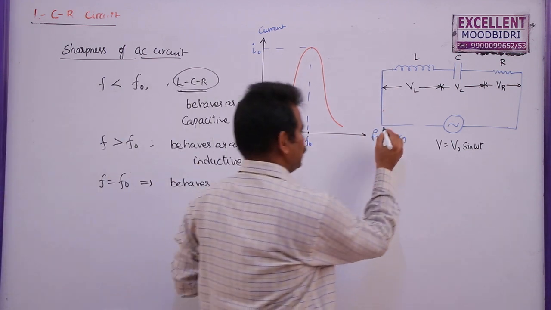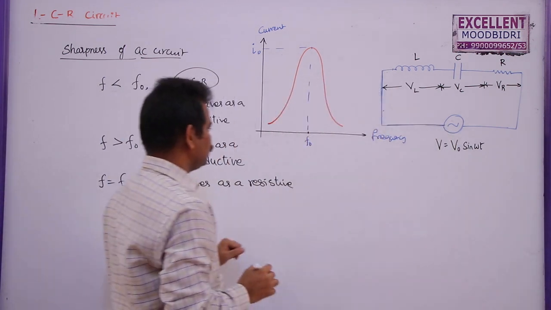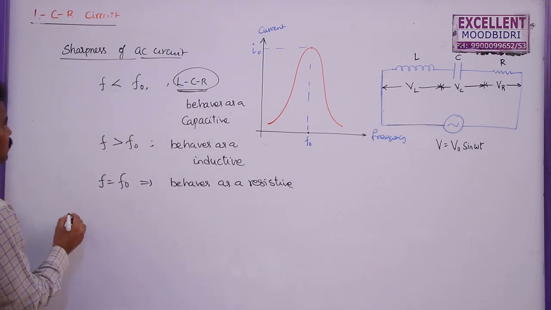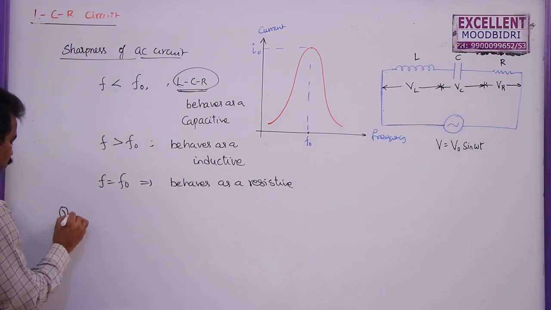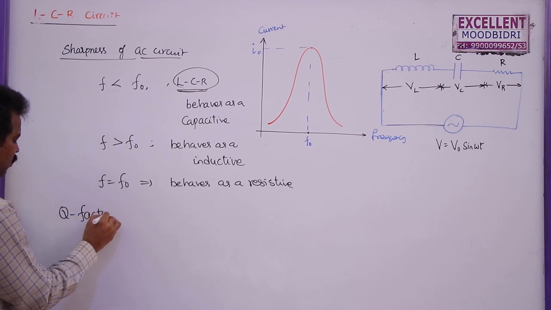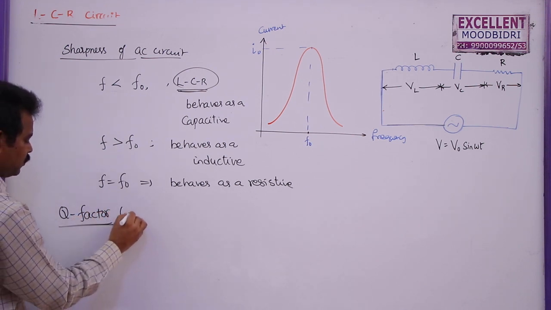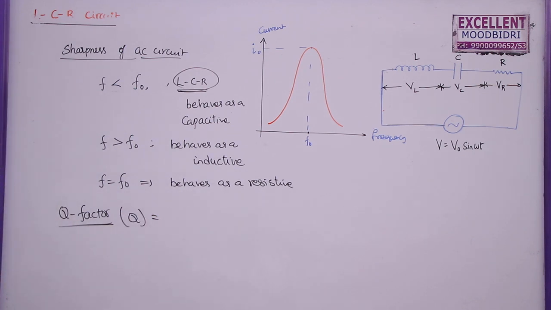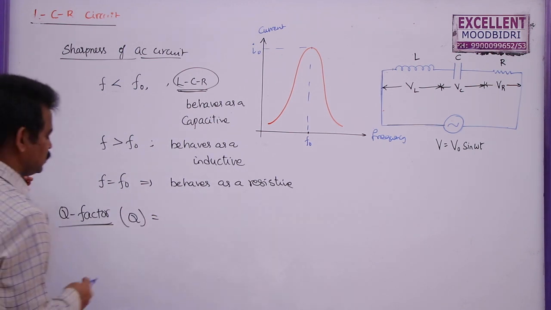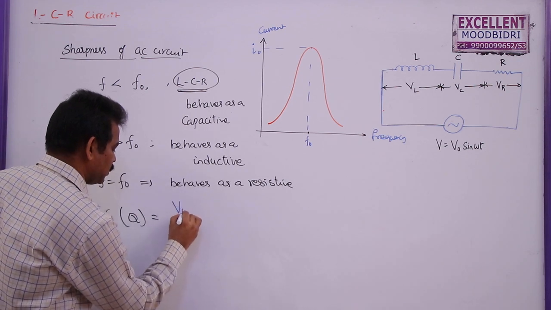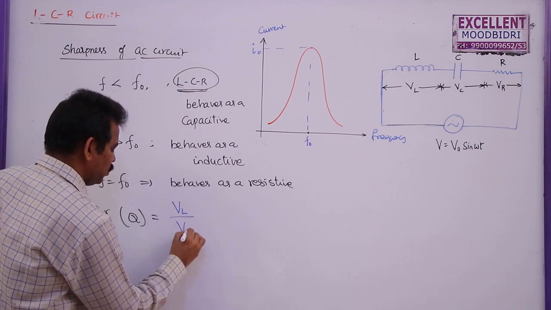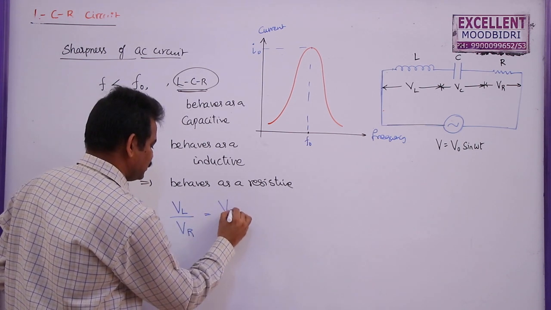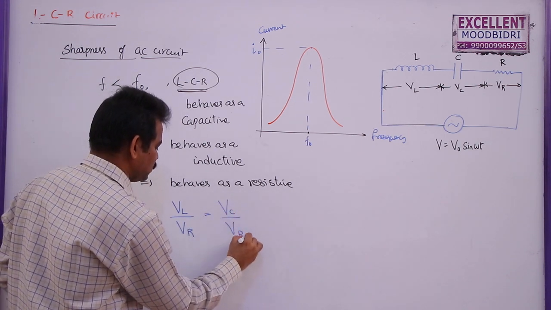Now, in this case, if you want to find out the sharpness of this AC circuit, we call it the Q factor or quality factor, denoted with the letter Q, which is given by the voltage across the inductor by the voltage across the resistor, or the voltage across the capacitor by the voltage across the resistor.